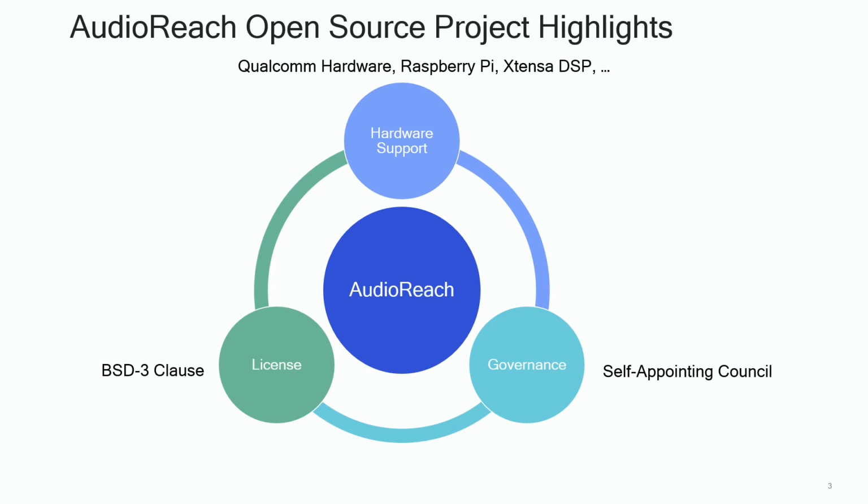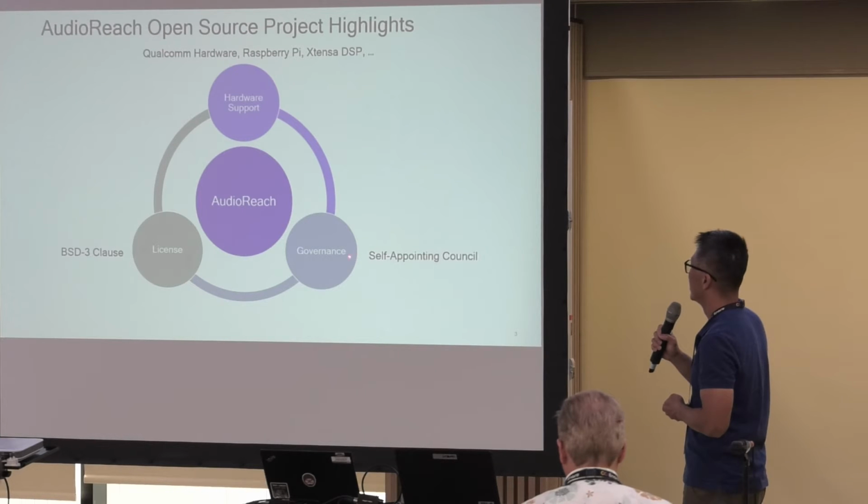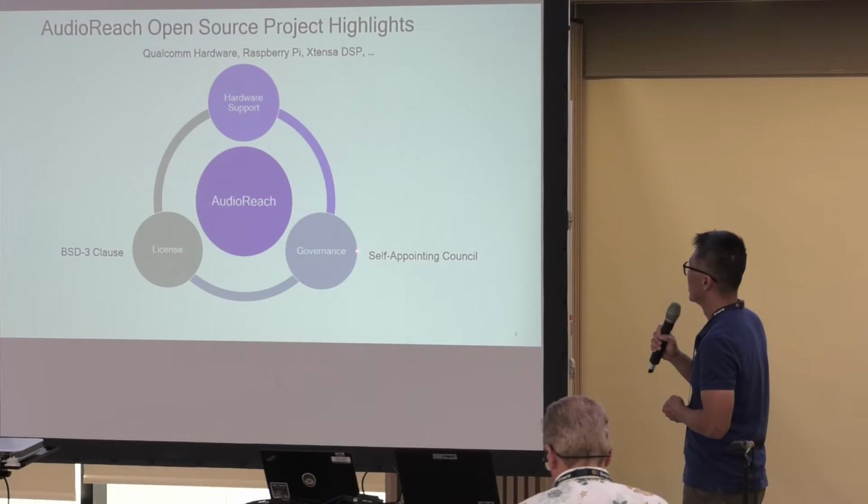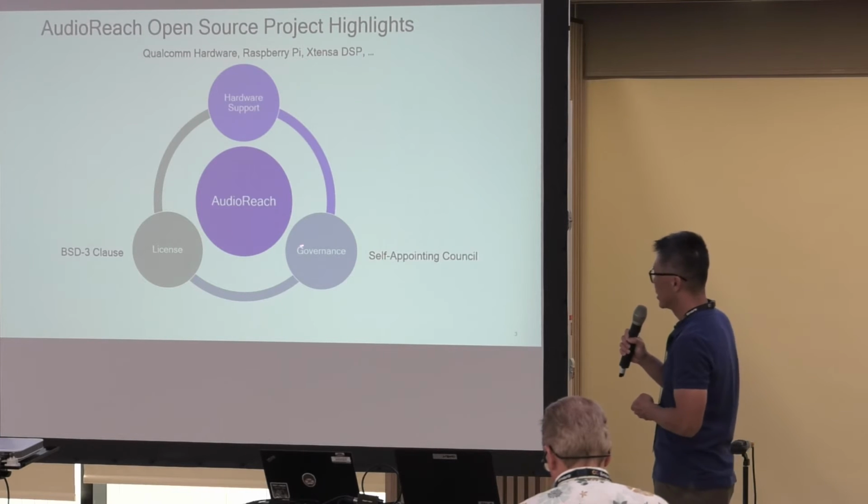And in terms of governance model, we want this project to eventually grow into a community-based project. So we welcome contributions, and we also welcome participants to start steering committees, so that we can collaboratively build up this project.